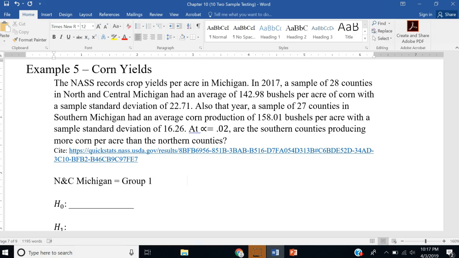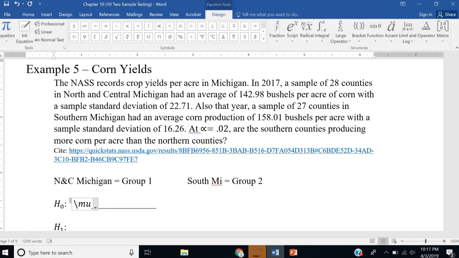And the Southern Michigan, I will call that group 2. Okay? Null hypothesis so far has always been the average of group 1 is equal to the average of group 2.